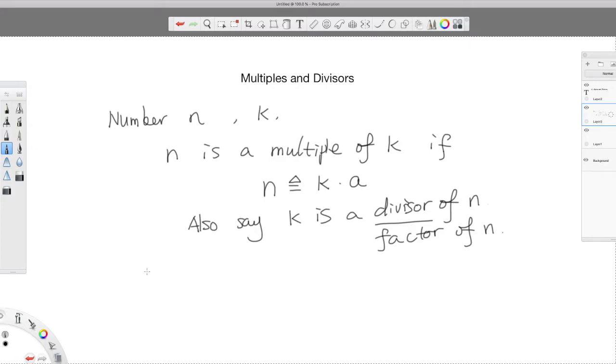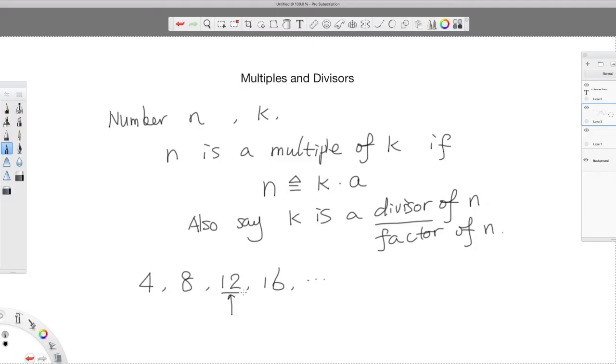So for example, the multiples of 4 are 4, 8, 12, 16, and so on. And of course we learn that as 4 times 1, 4 times 2, 4 times 3, 4 times 4. So that's the definition of the multiples. And in that case, we also say 4 is a factor of 12, or 4 is a divisor of 12.